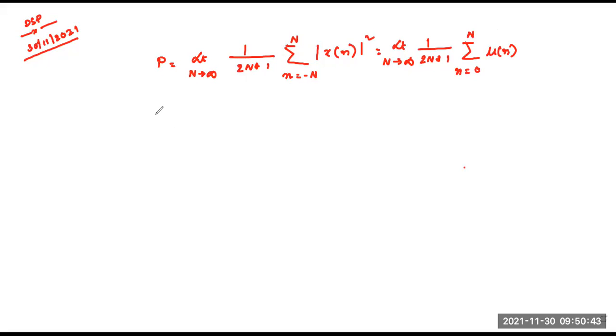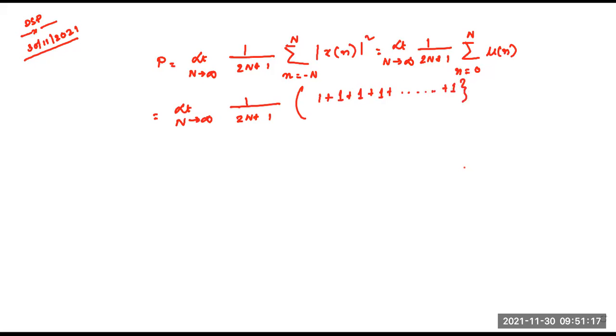So that gives us limit N tends to infinity 1 by 2N plus 1 in bracket 1 plus 1 plus 1 plus 1 plus dot dot dot plus 1.